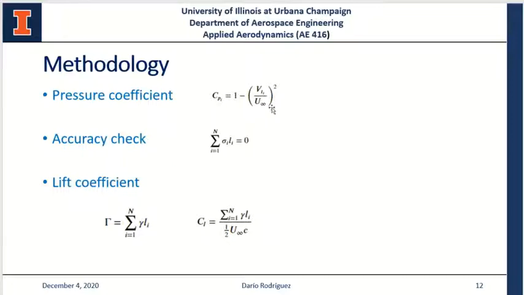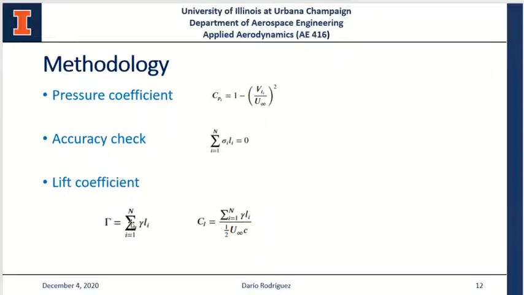And I have also used this accuracy check parameter to check if the simulation is going well, and it establishes that the sum of the individual source strength times the panel length should be 0 all around the airfoil. So this was only a way to monitor if the simulation is going well.